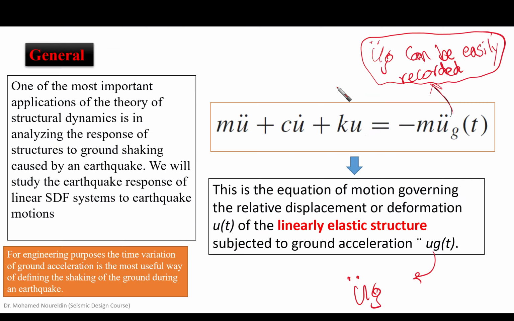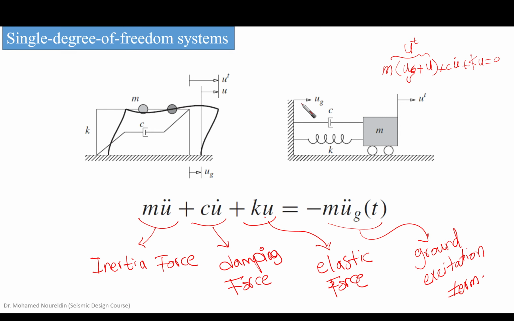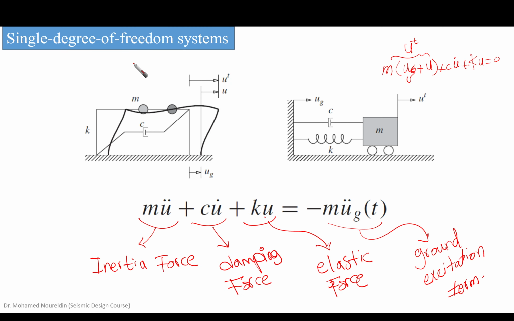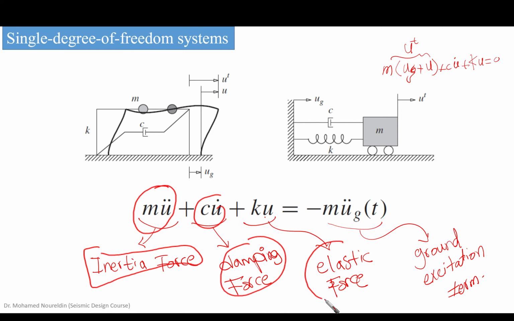Okay, so now let's go to the next part. Now we have our equation and we understood it. As I said, every term, if we go back here, expresses a different type of force. The first term is inertia, the second term is the damping force, the third term is the elastic force.